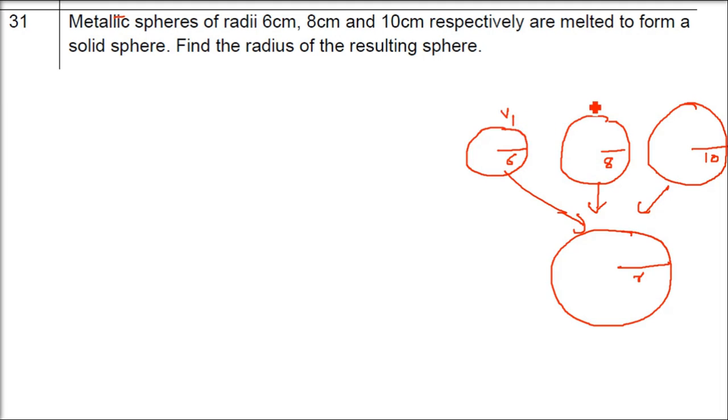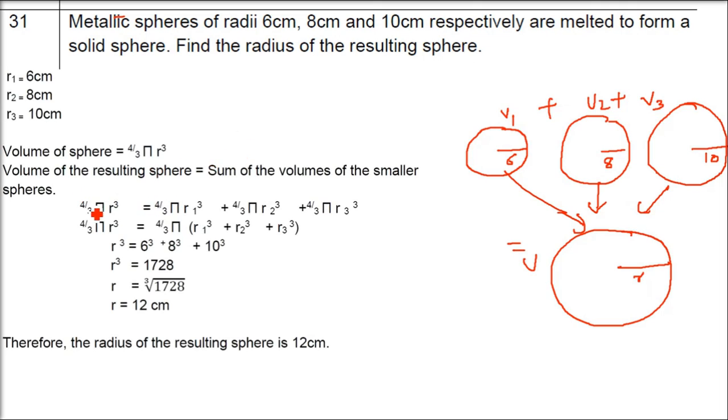So what is the volume? V1, V2, V3. When you combine, volumes will be added. V1 plus V2 plus V3 will be equal to the final volume. Volume of a sphere is 4 by 3 pi r cube. So 4 by 3 pi r cube is the final one, plus 4 by 3 pi r1 cube, 4 by 3 pi r2 cube and 4 by 3 pi r3 cube are added. 4 by 3 pi you can take common and cancel it.